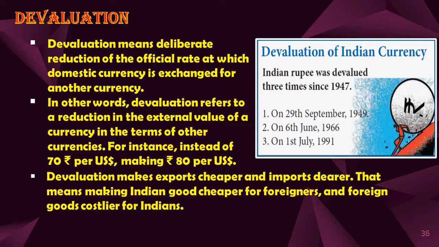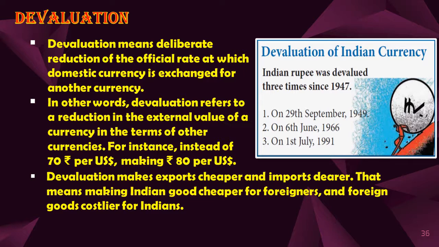In other words, devaluation refers to a reduction in the external value of a currency in terms of other currency. For example, instead of 70 rupees per US dollar, making it 80 rupees per US dollar.